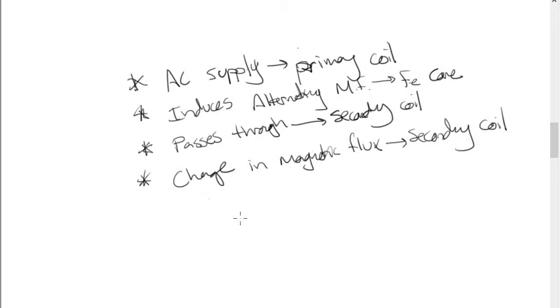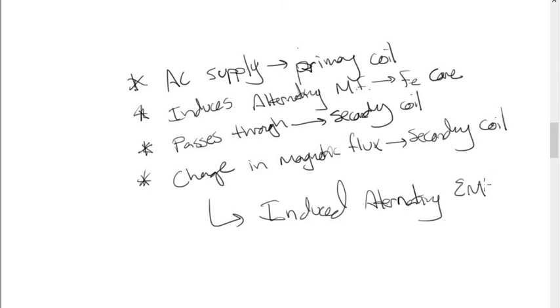And this results in, this is the important part, induced alternating EMF. You must mention induced, you must mention alternating. So induced alternating EMF. Does this make sense to everyone?